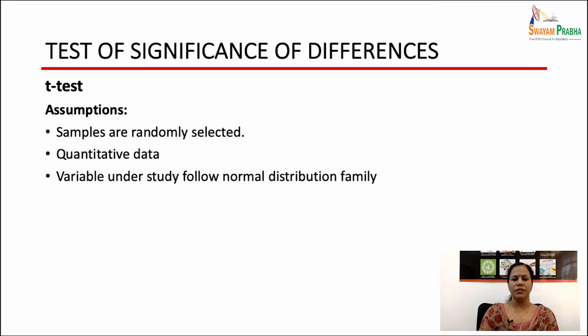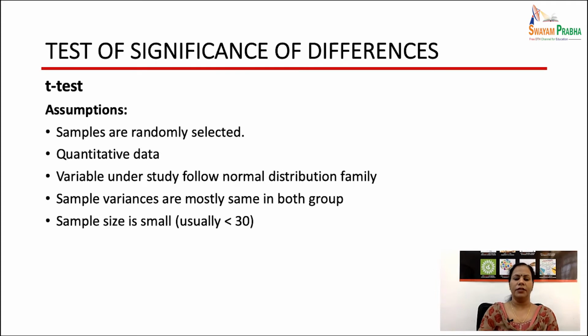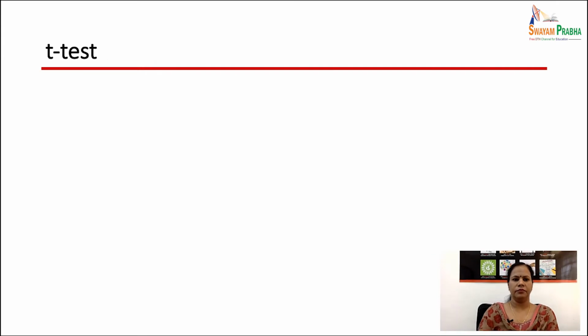Then the variables under study follow a normal distribution. The t-test is a parametric test, so it is applied on data which follows the normal distribution. And we assume that sample variances are mostly the same in both groups. And the t-test is usually used when the sample size is less than 30.